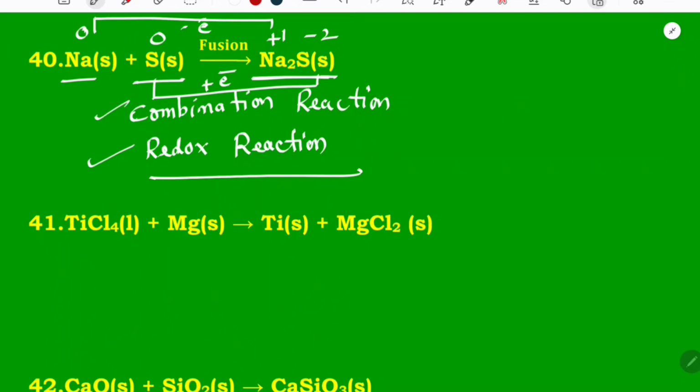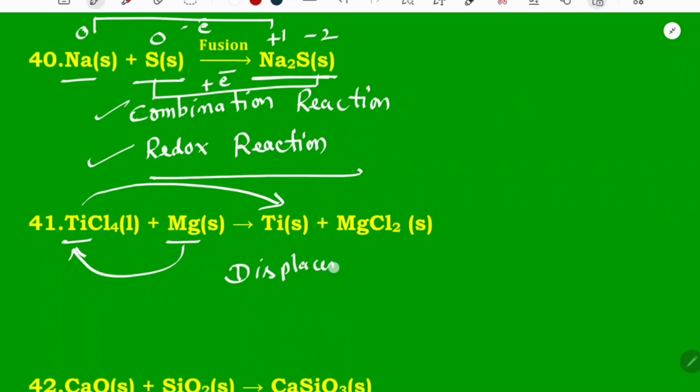Then here, think of magnesium and titanium. Magnesium is more reactive than titanium, so magnesium can displace titanium from titanium chloride. That's why this is a displacement reaction.